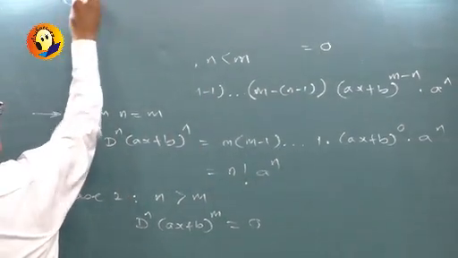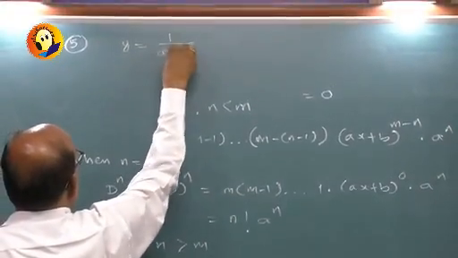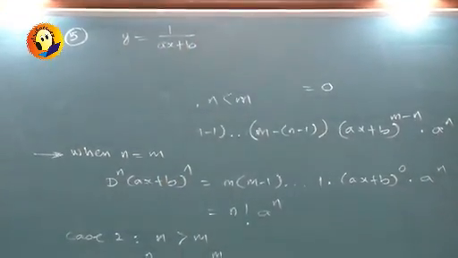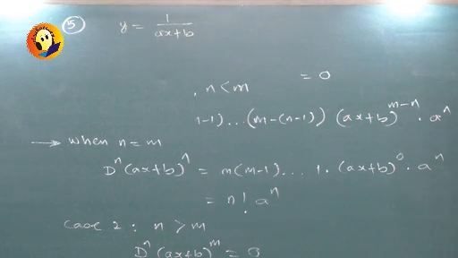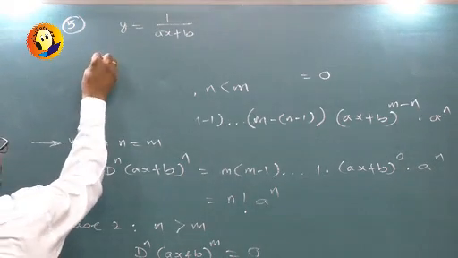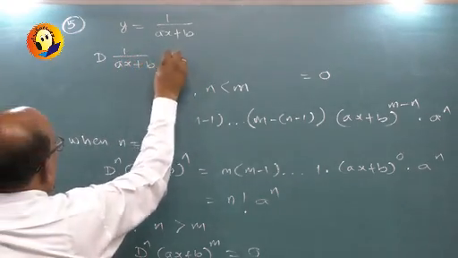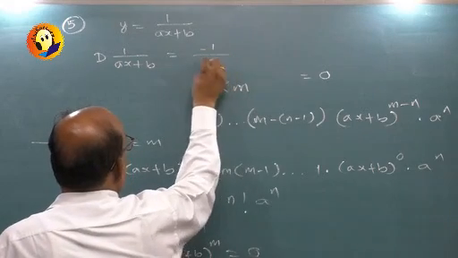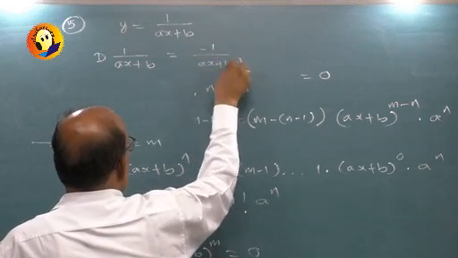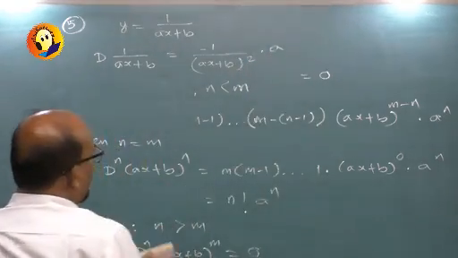Fifth, when y is 1 upon ax plus b. Now the differentiation of 1 upon ax plus b will be minus 1 upon (ax plus b) squared into a.